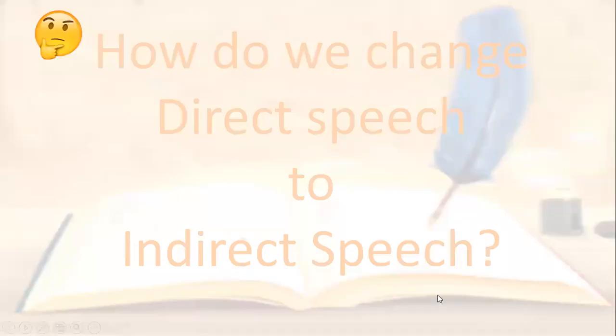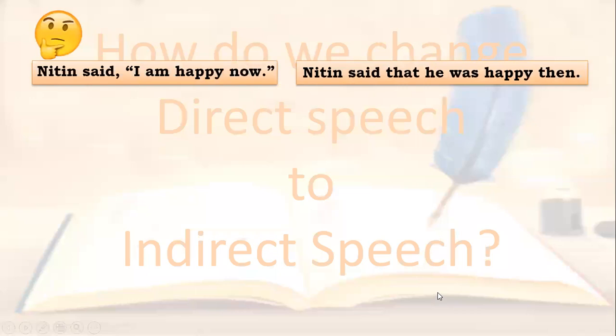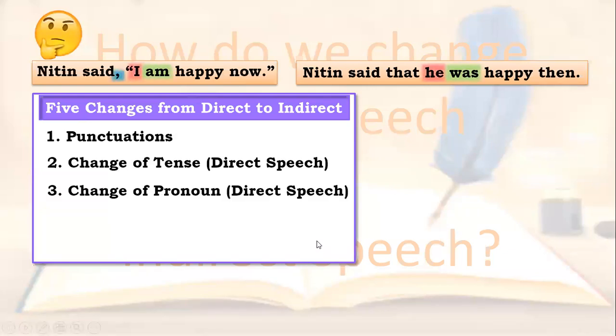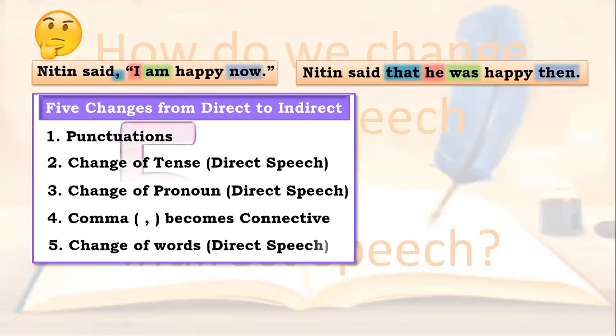Now, when we change sentences from direct speech to indirect speech, there are 5 different changes that take place. So which are those 5 different changes? Here we go.